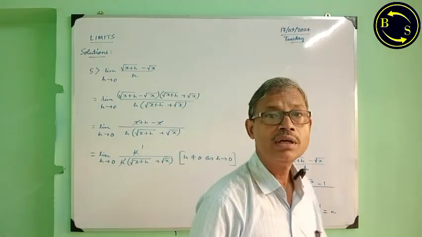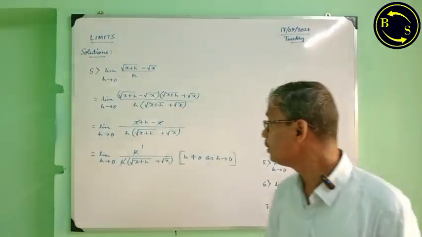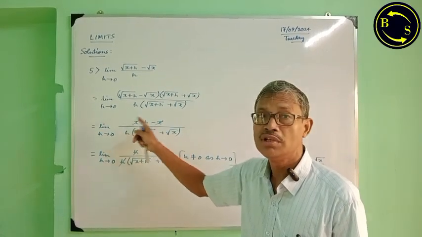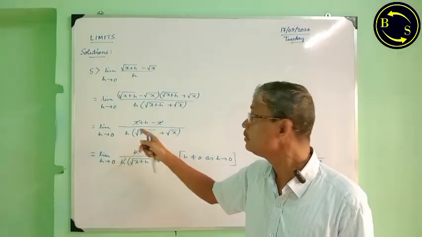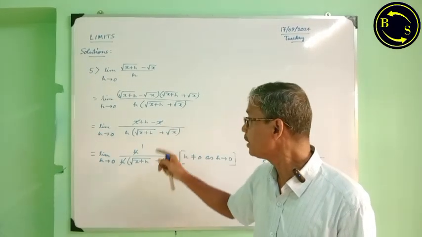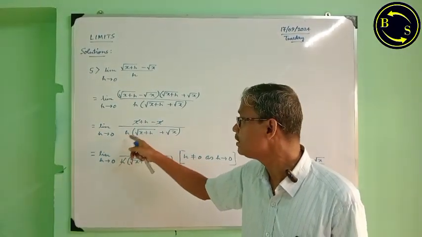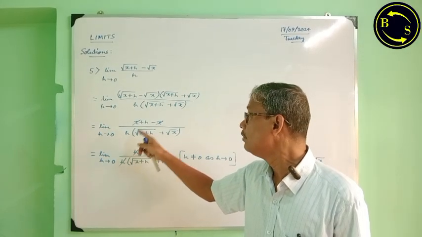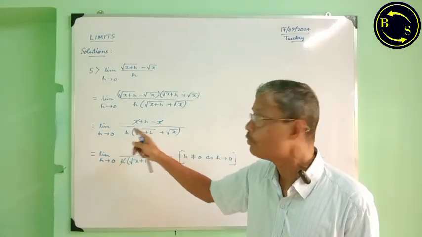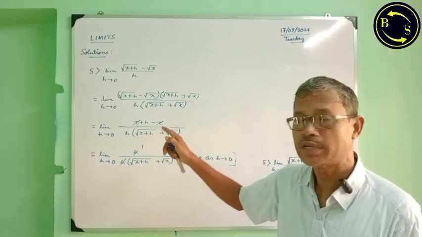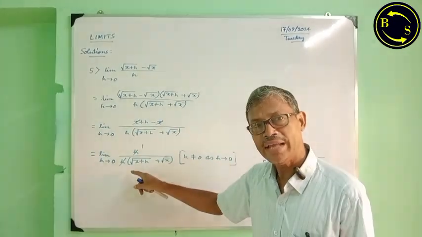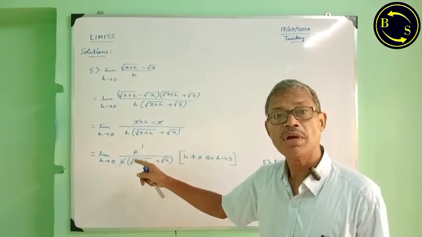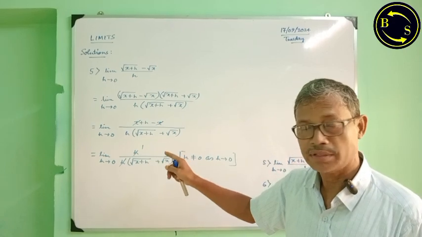One thing I would like to mention: sometimes students do this. This is cancellation due to addition, subtraction. After that, in the same step, they are cancelling h and h. That is not permissible. In one step, you cancel by using addition, subtraction form. Then, in the next step, we are cancelling using the multiplication, division concept.